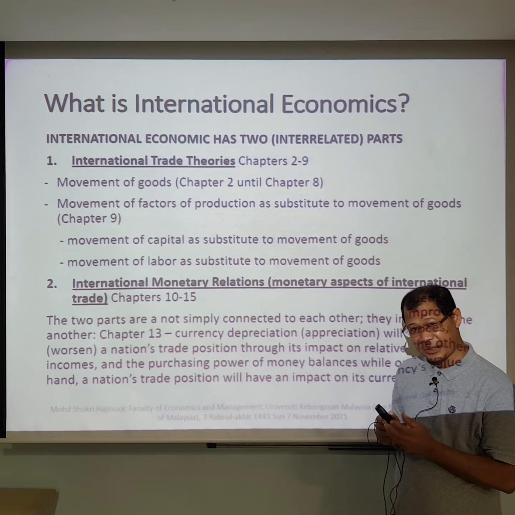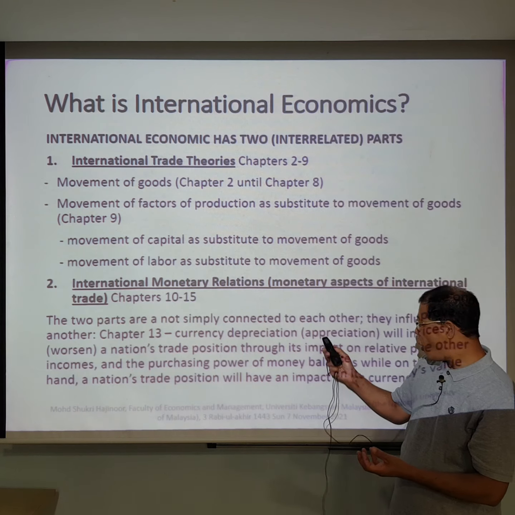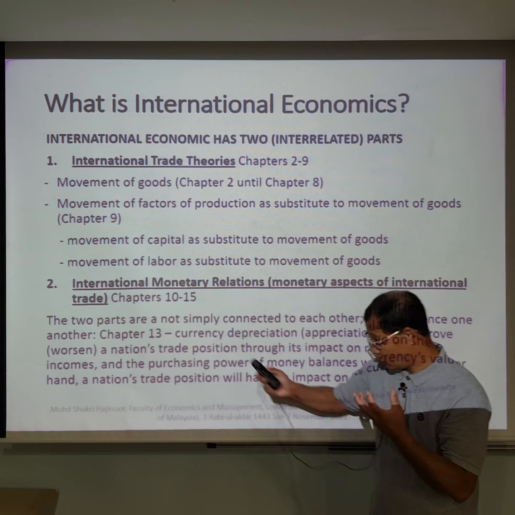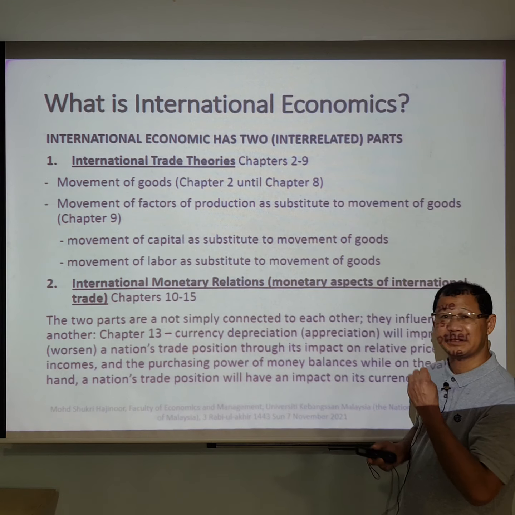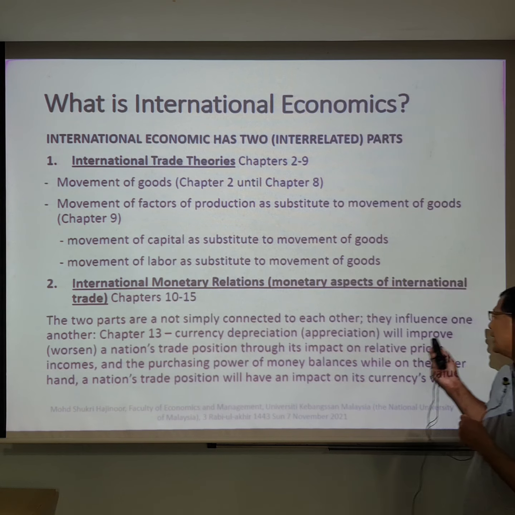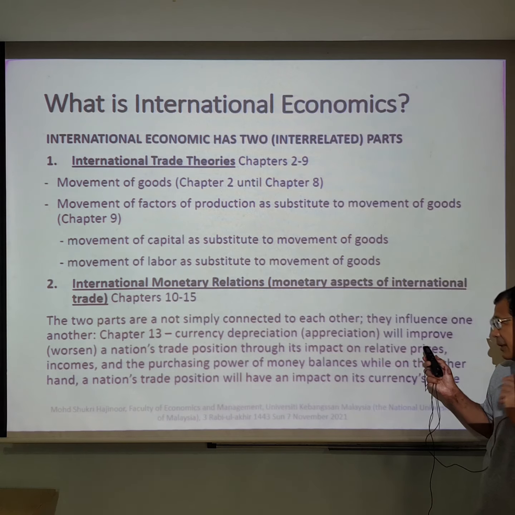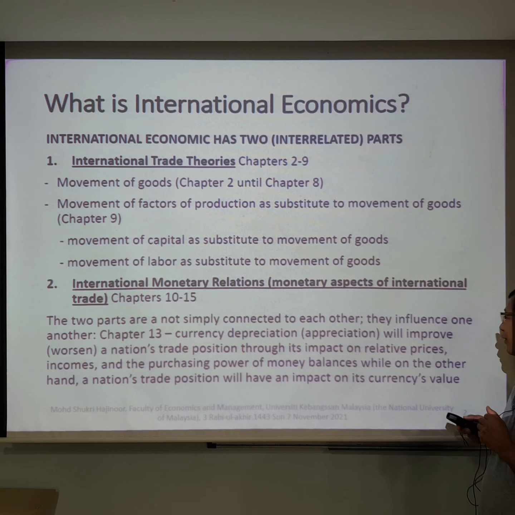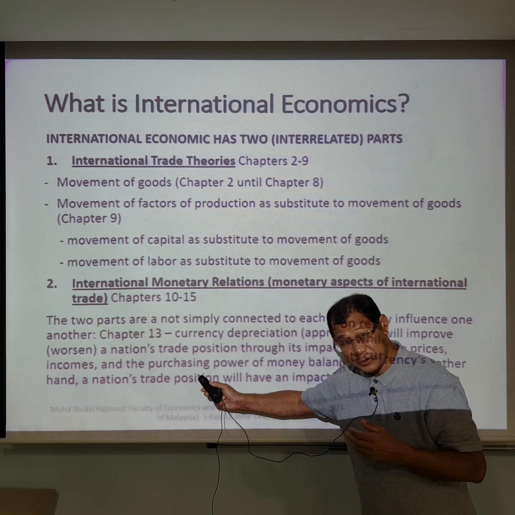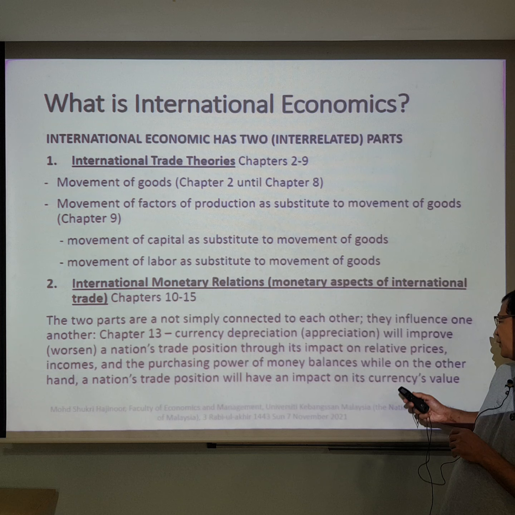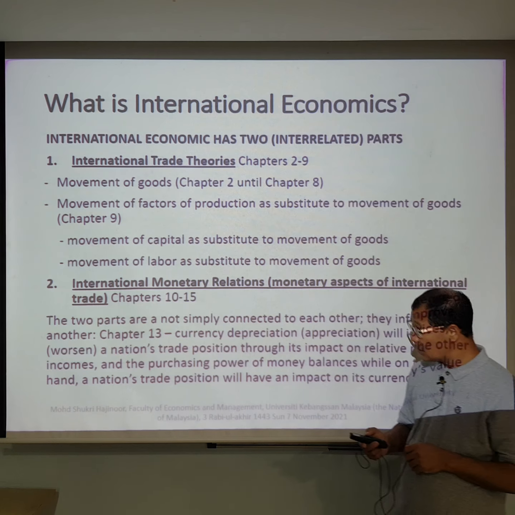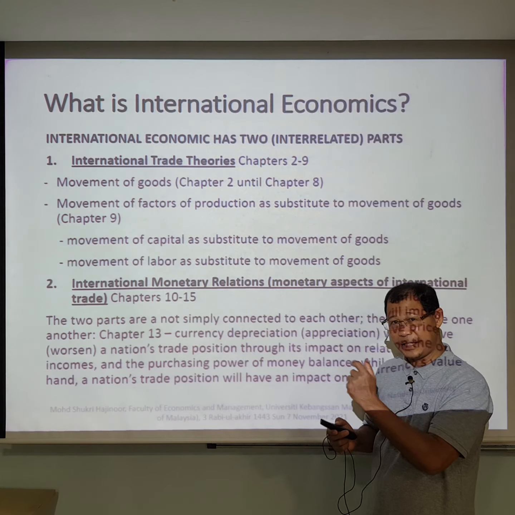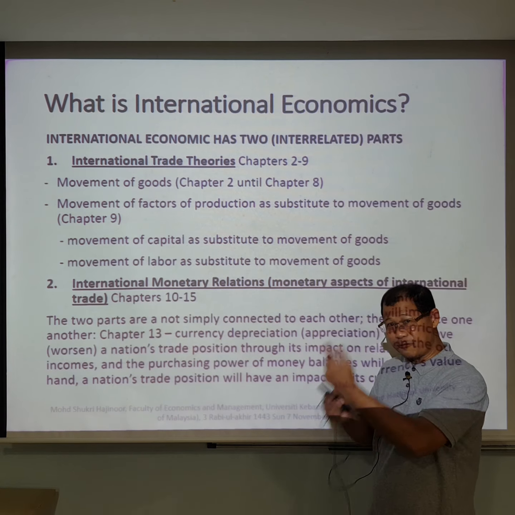Currency depreciation, decrease in value, or appreciation, increase in value, will improve or worsen a nation's trade position through its impact on relative price. Very important here. Incomes, purchasing power, or money balance, while on the other hand, a nation's trade position will have an impact on its currency's value. That's international economics. Two parts, interrelated, connected, influencing one another.